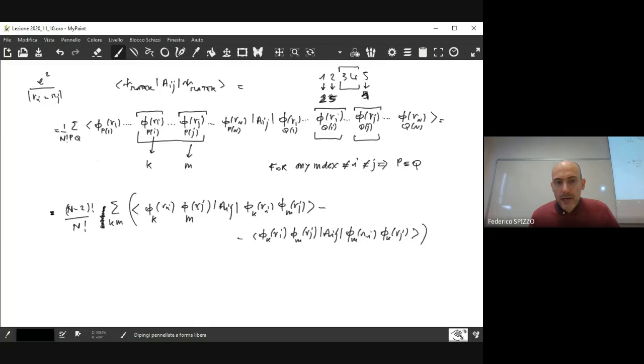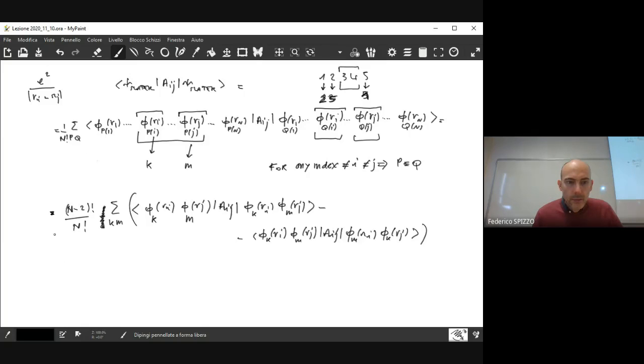Then in this expression, we may remove the explicit reference to the coordinates and just call r_i and r_j as r and r prime, because this expression depends on i and j only because we started the calculation using i and j, but there is no physical motivation to fix i and j because the structure of the operator does not depend explicitly on those two indexes.